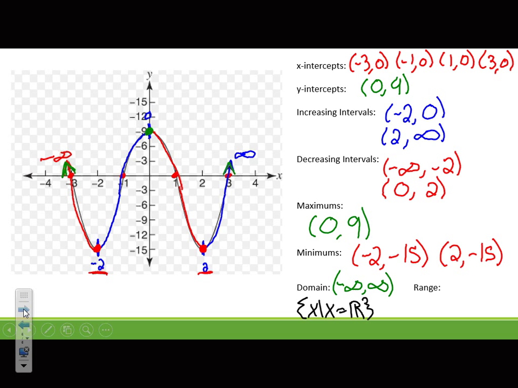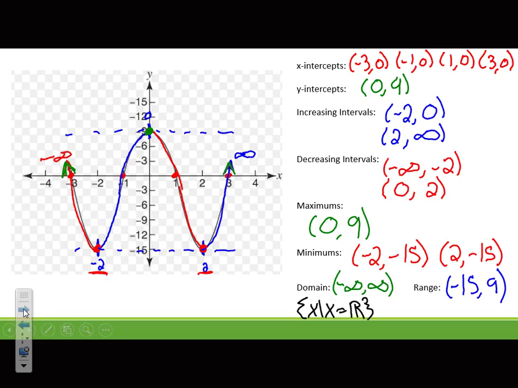Now my range is my y values. So if we think about our little foldable, if we were folding this over, my range can only go, if I look at here, to -15, it doesn't go past here, and it doesn't go past 9. So my range is going to be -15 to 9.